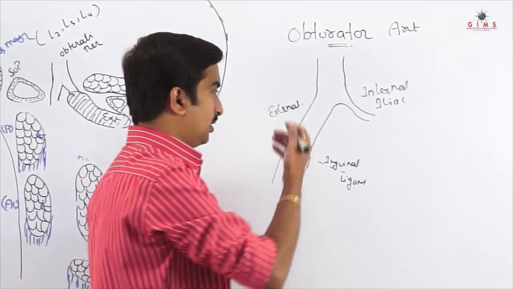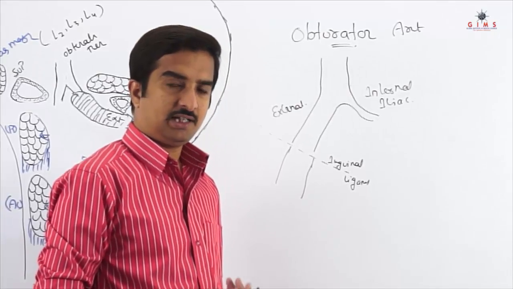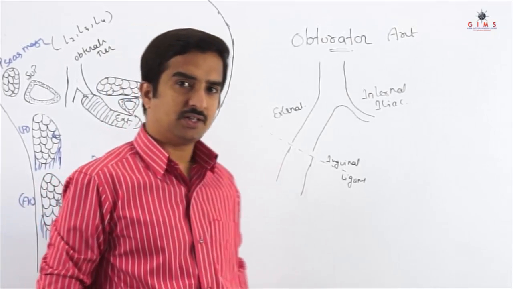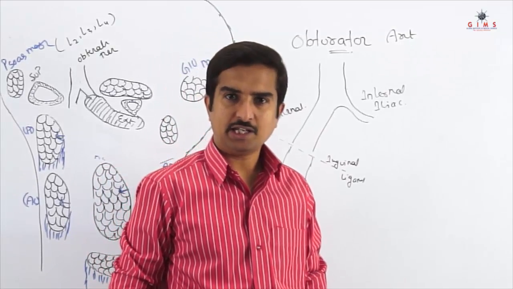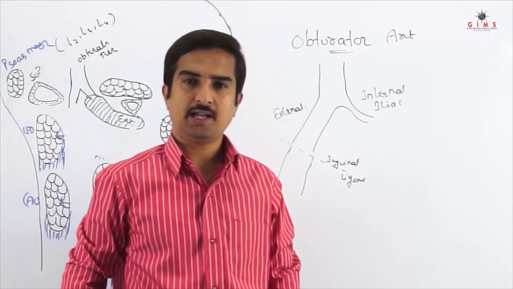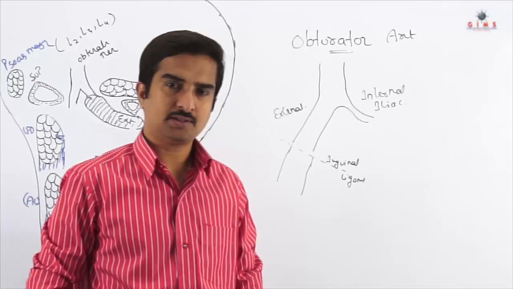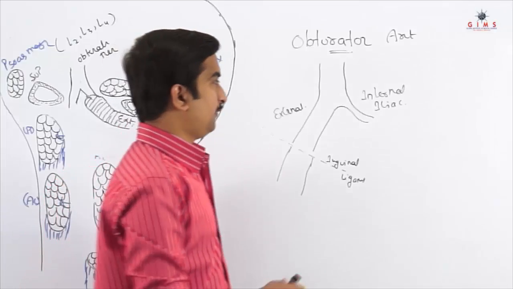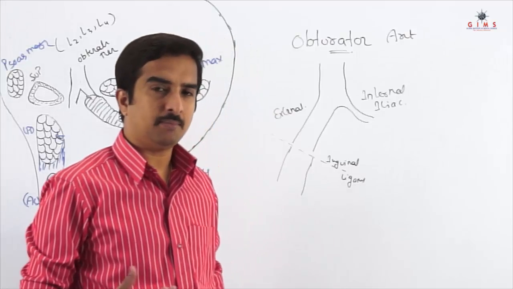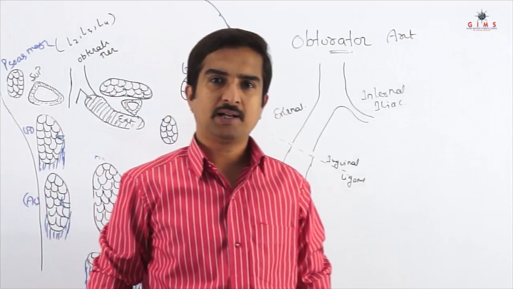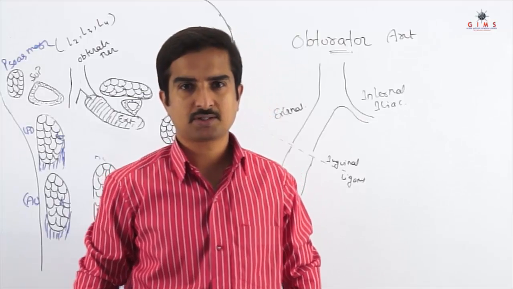The main blood supply of the external iliac artery is towards the lower limb, continuing as the femoral artery, popliteal artery, and tibial arteries, and supplying the lower limb. But the internal iliac artery mainly supplies the structures present in the pelvis.